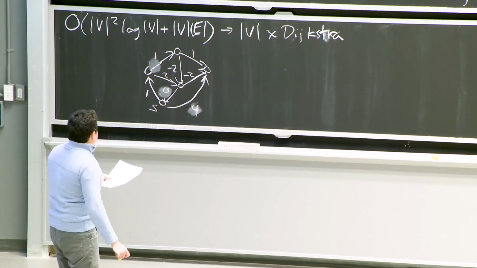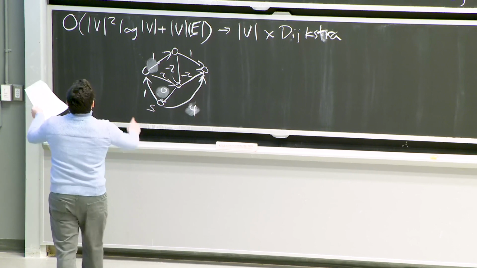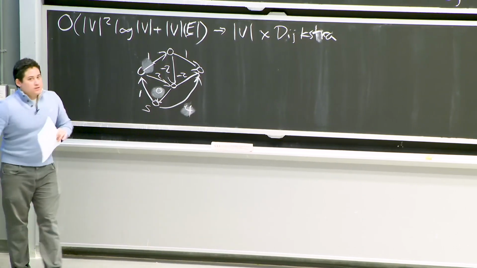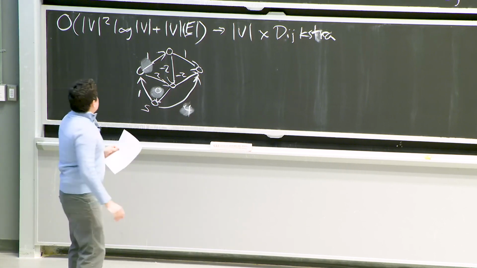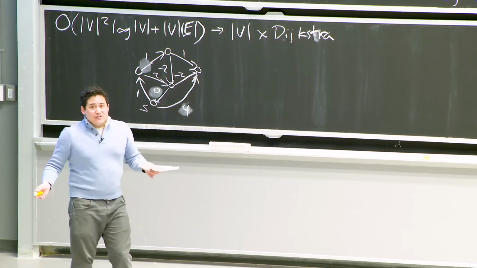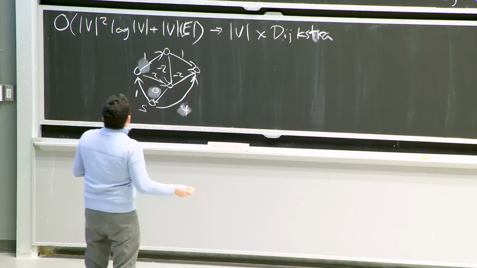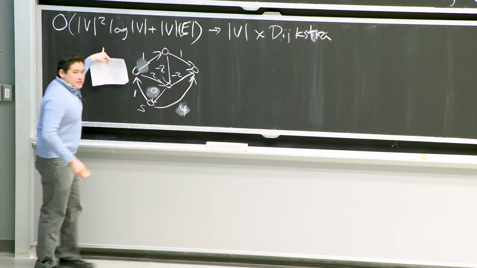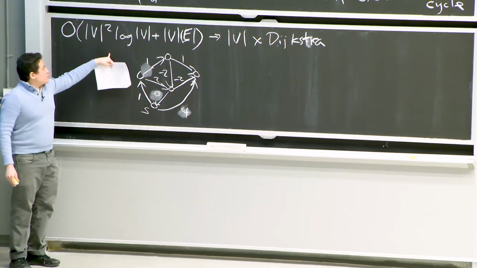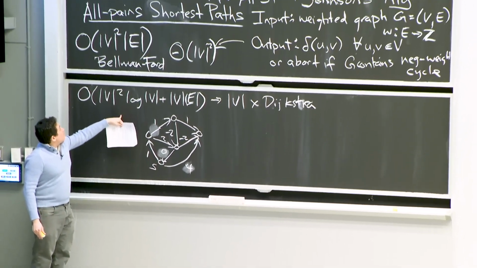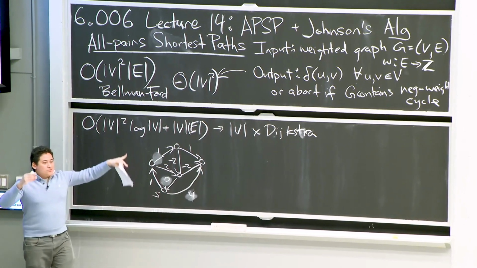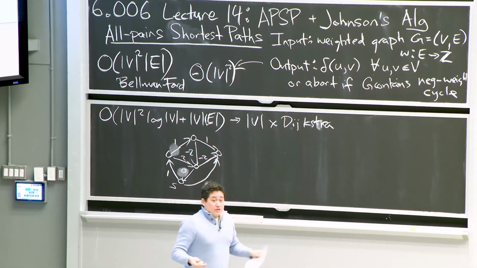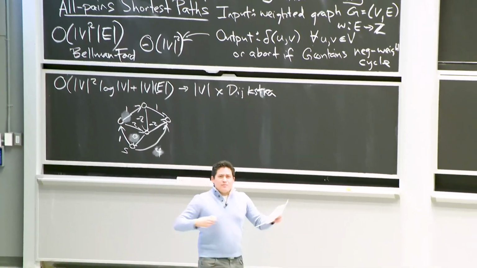The approach we're going to take is to take a directed graph that has negative edge weights. We don't know if it has negative cycles or not yet, but we want to compute all pairs shortest paths, not in this running time, but in this running time. How could we do that? Well, maybe it's possible that we can change the weight of every edge so that they're all positive, but shortest paths are preserved.